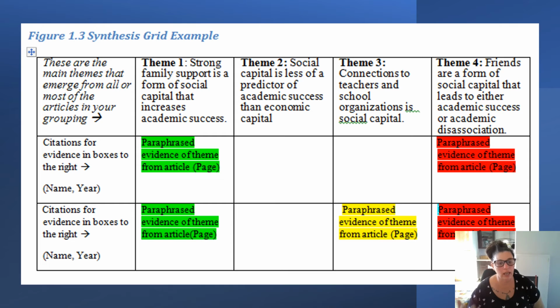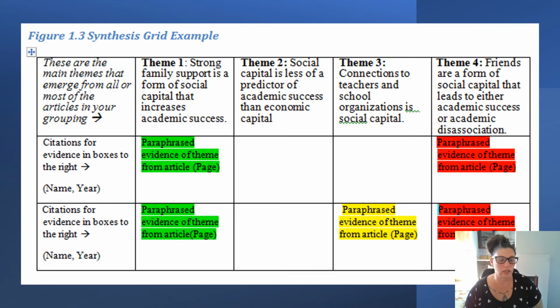So article A says something about social capital increasing academic success. Article A does not say anything about social capital being less of a predictor of academic success, or about connections to teachers in school and organizations being social capital. But you'll notice article B does.